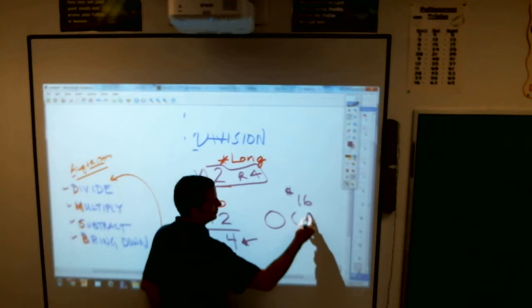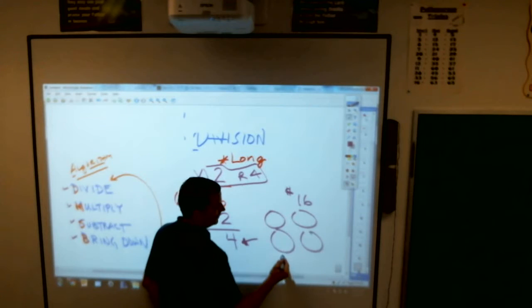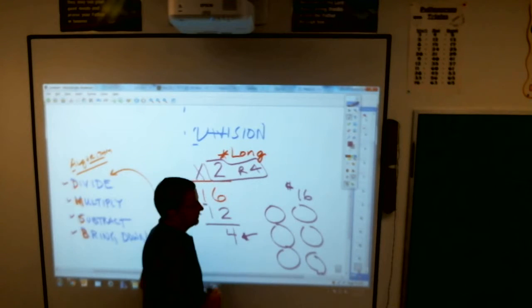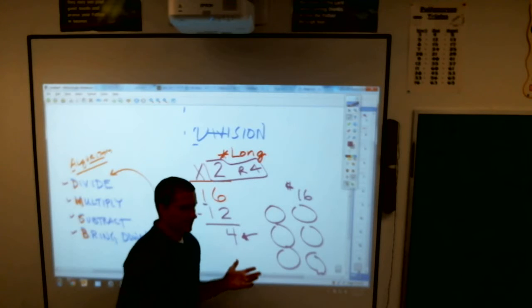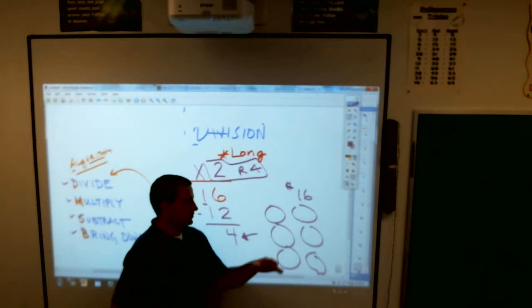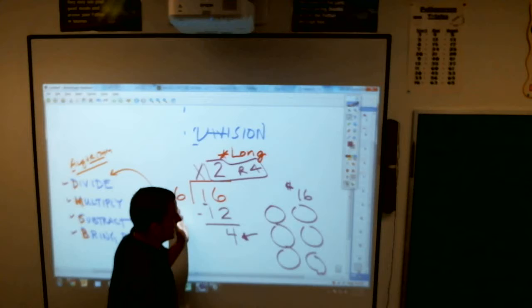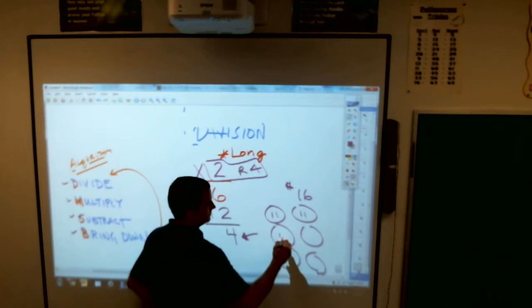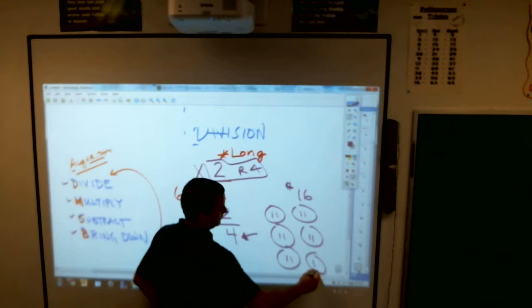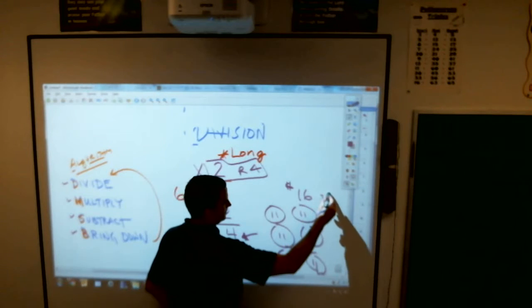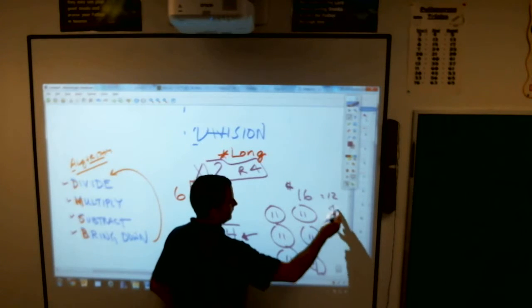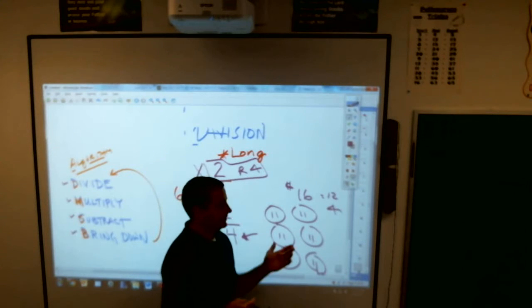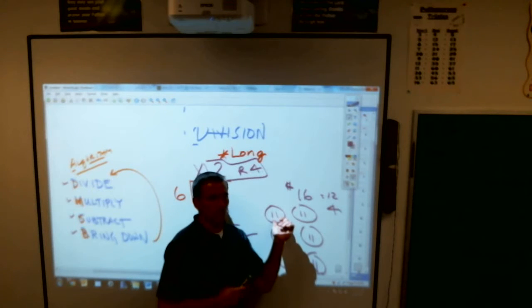Here's 1, 2, 3, 4, 5, 6. You had $16 and you said, I'm gonna give everybody an equal amount. So you take your $16, divide it by 6, and everybody gets $2, which gives you $12. Well, the remainder means you have $4 back, but if I said everybody gets $2 remainder 4, what is a remainder 4 of $1?